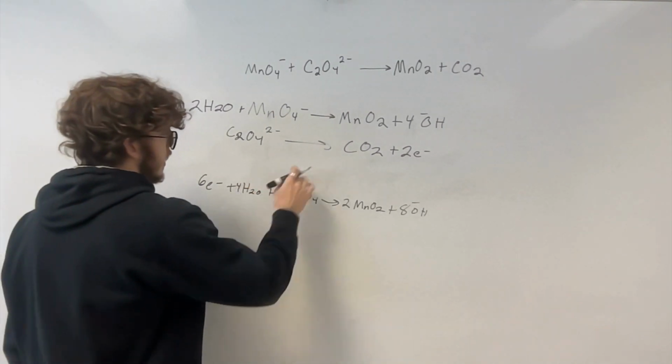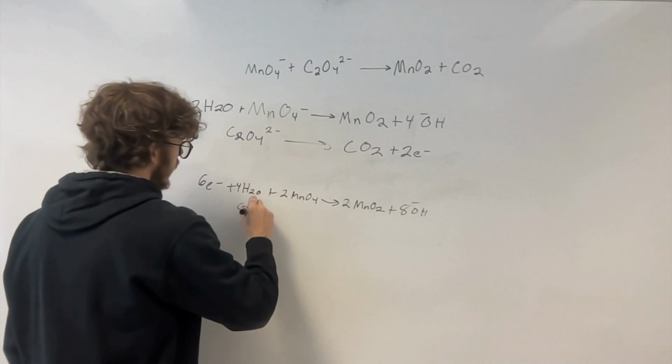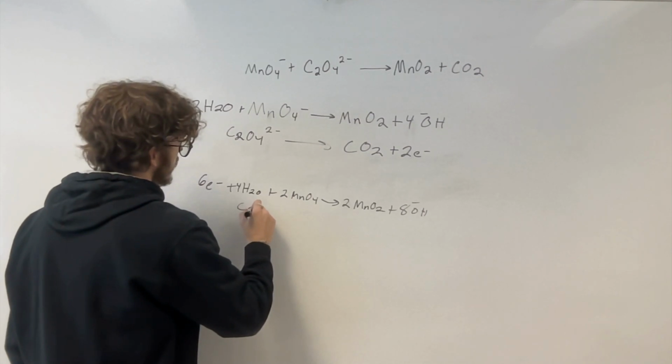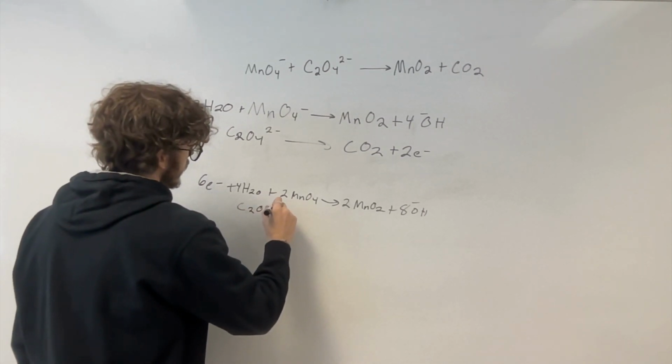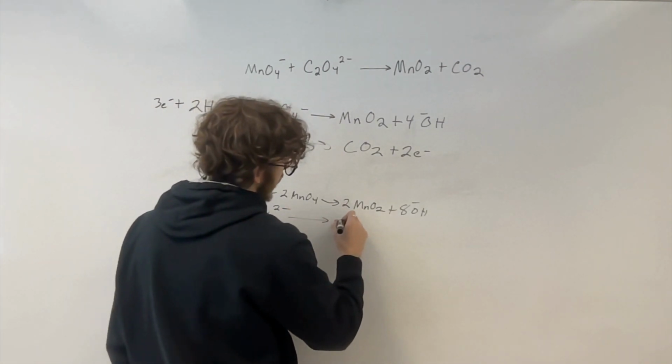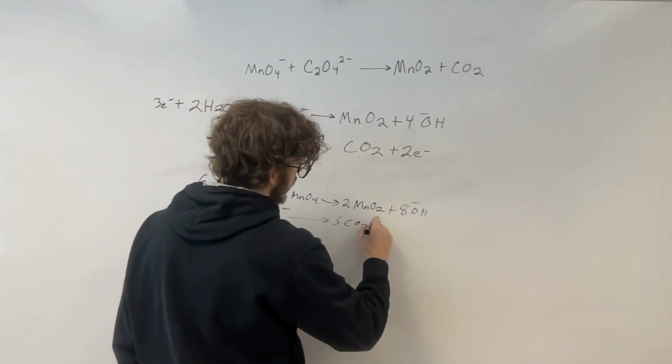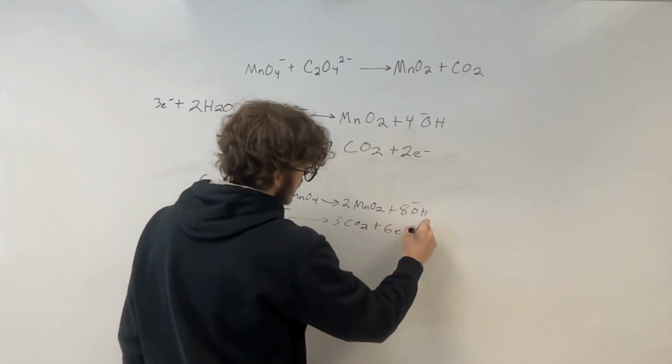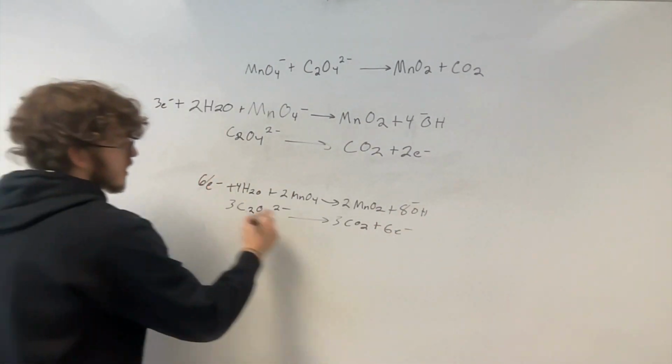And here we have to multiply by 3, not chromium, carbon. We need 3 C2O4 2-, and it's going to react to make 3 CO2, and that's going to give us 6 electrons. So our electrons cancel.